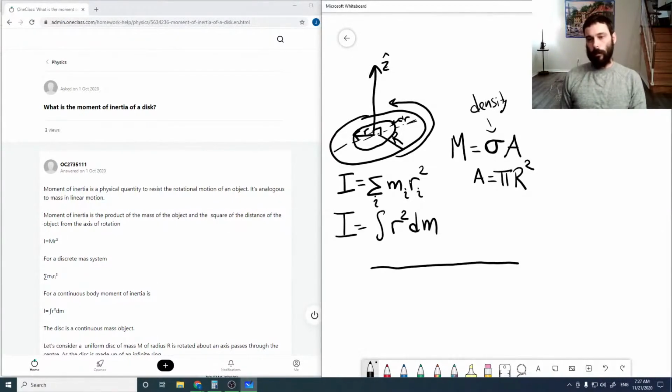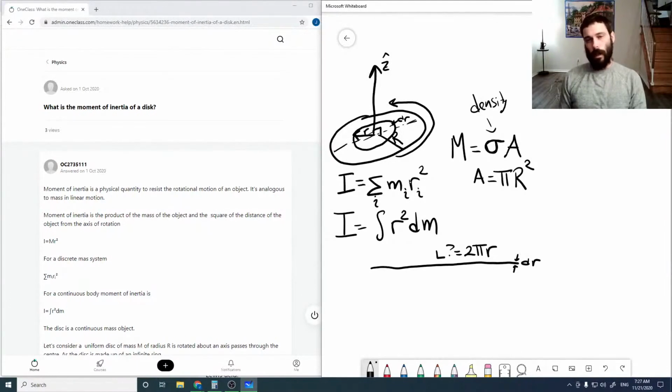And so the width of the ring is dr. And what's the length of the ring? Well, the length is just the circumference of a circle at a radius r. So that'll be 2 pi r.